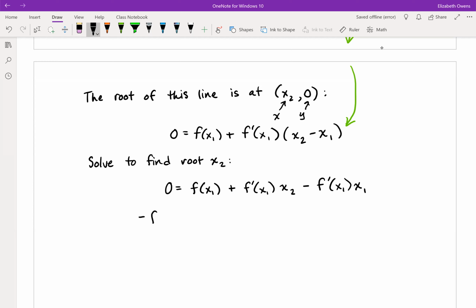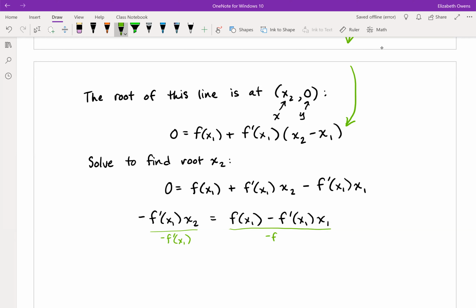So negative f prime of x1 times x2 would equal f of x1 minus f prime of x1 times x1. Make sure to keep track of your 2's and 1's there. It makes a big difference. And then to get x2 by itself, let's divide by negative f prime of x1.